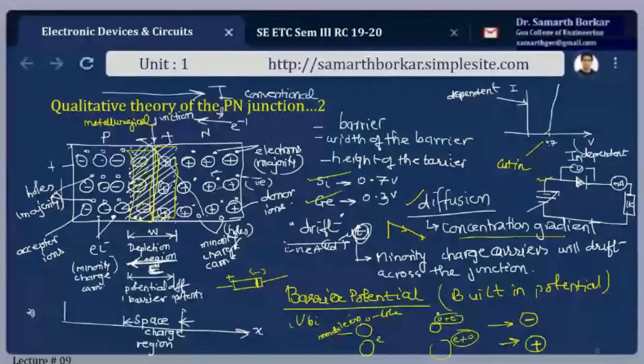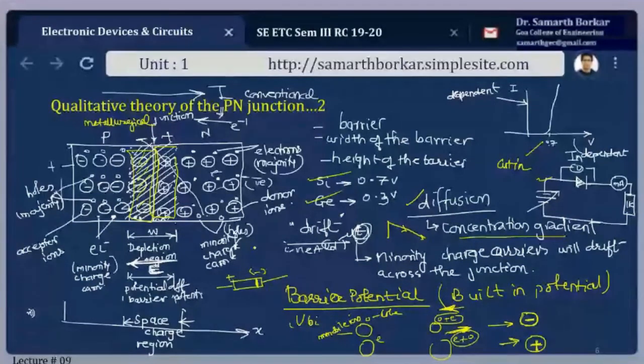So there will be one less electron. Normally the atom is neutral, but it is giving away one electron, so its net positive charge will be more. So we represent it by a plus, and here it is accepting one electron, so its net negative charge will be more. This is why we are representing it as plus and minus.